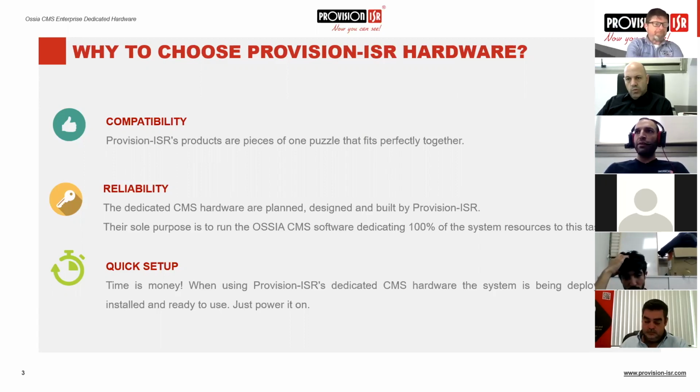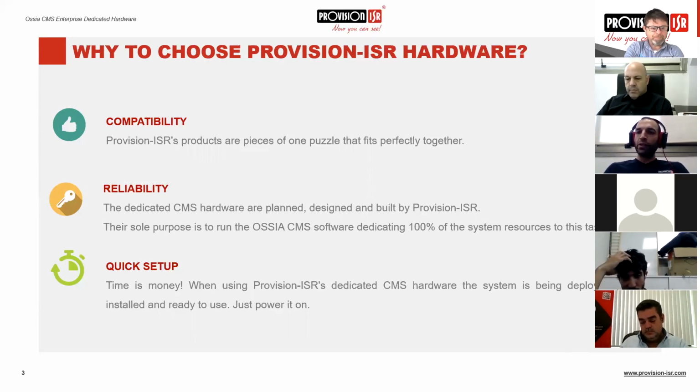Also reliability: when we plan the hardware, it is planned to run the software on it. So we're not going to have any reliability issues, meaning the hardware is high-end and the software is planned to work on it seamlessly. So we don't have any other problem than that.